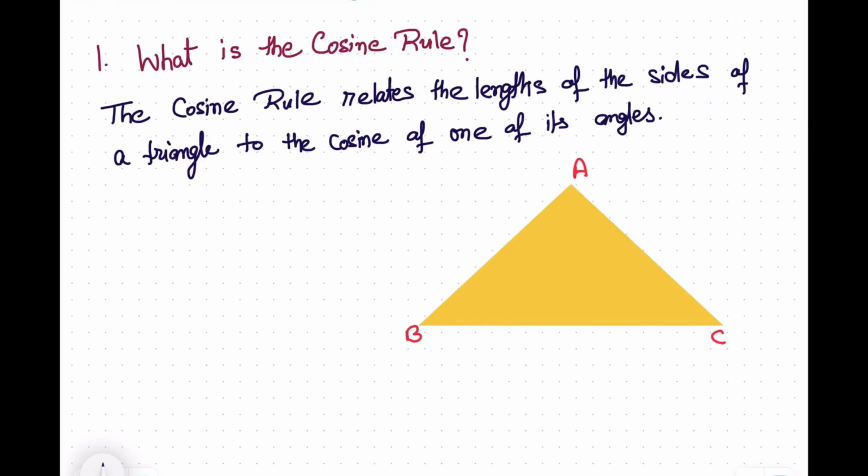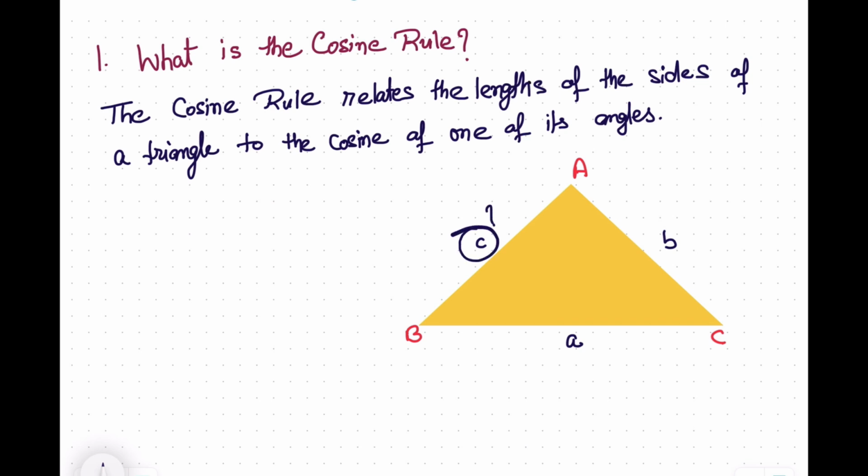What is the cosine rule? The cosine rule relates the length of the sides of a triangle to the cosine of one of its angles. What that means is, let's suppose this is a triangle ABC, in which small a is the opposite side to the angle A. Similarly, this is small c, and this one is small b, just opposite to the angle B. Suppose we need to find the side c.